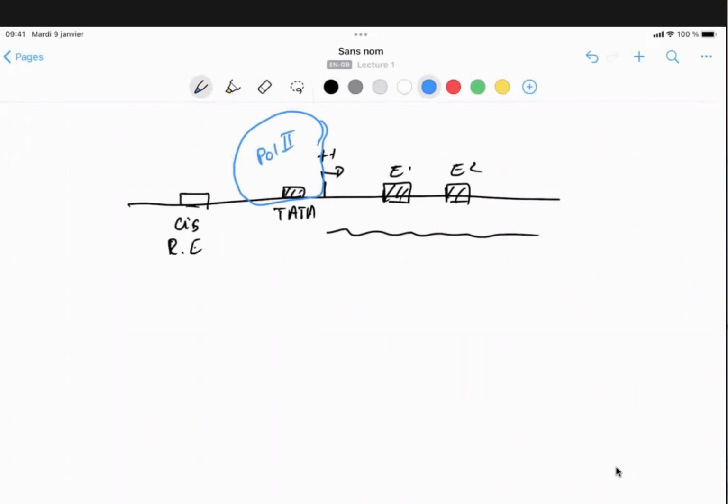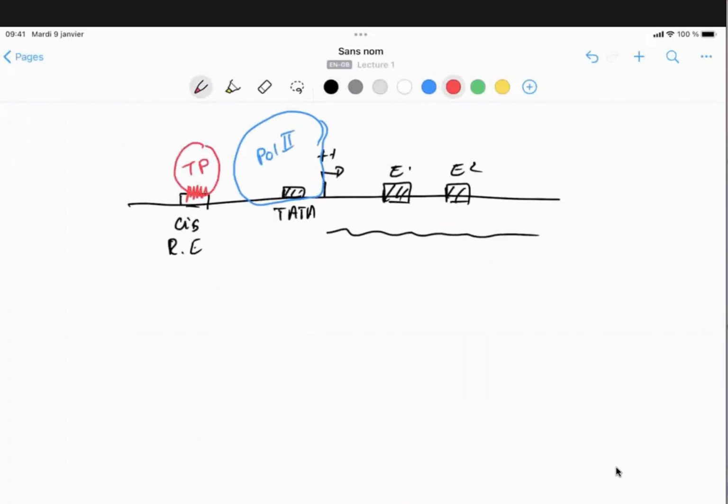But in that situation, if there is only the RNA polymerase II, the transcription doesn't start. A transcription factor, a lot of people are used to call transcription factor a protein that is able to interact specifically with a sequence of DNA.